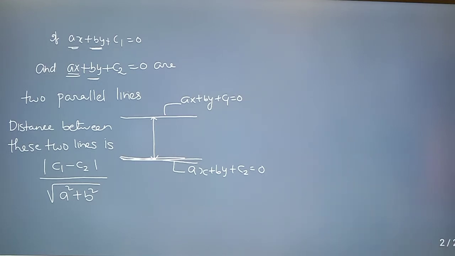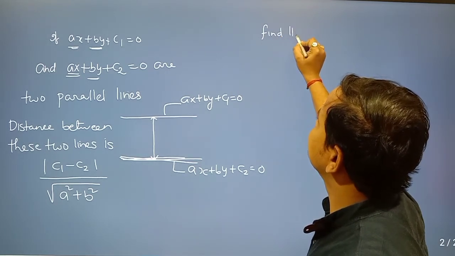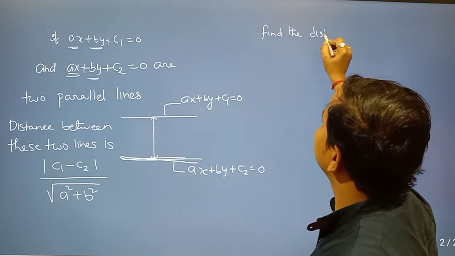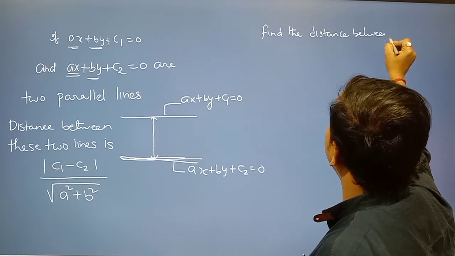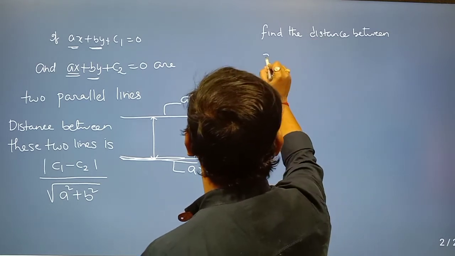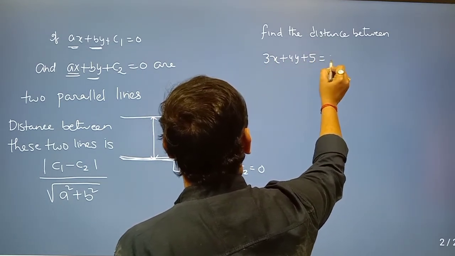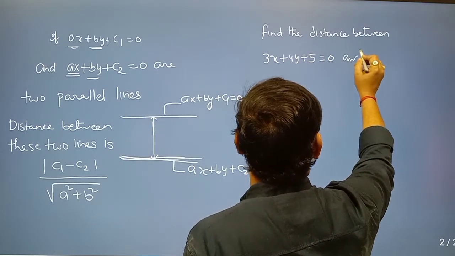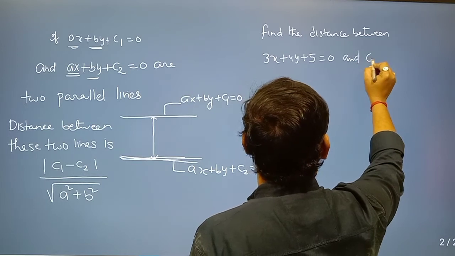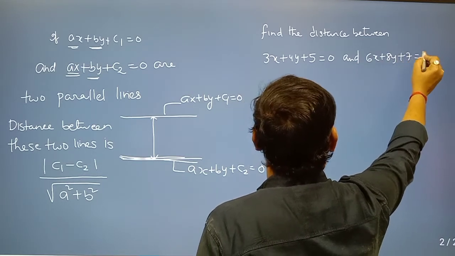According to this, let us discuss one problem. See, find the distance between 3x plus 4y plus 5 is equal to 0 and 6x plus 8y plus 7 is equal to 0.